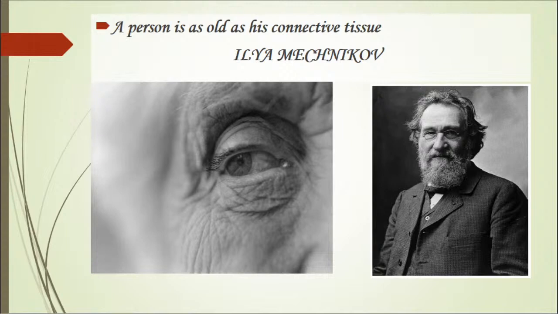But during his investigations of senescence, he described that a person is as old as his connective tissue. So connective tissue reflects all changes in the human body because it is represented in each region of the body.